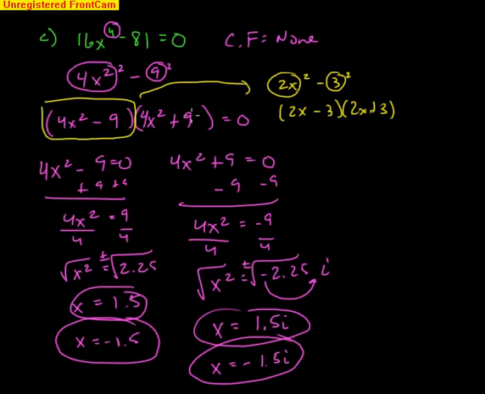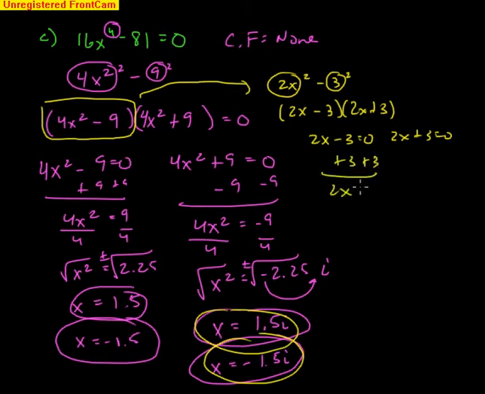Now, if we did the yellow, okay, so we would have to do the pink for the 4x squared plus 9 and get these two answers. So these would be our, I'll circle them in yellow, yellow answer, yellow answer. But now here, we would set each of these equal to 0. 2x minus 3 equals 0. 2x plus 3 equals 0.